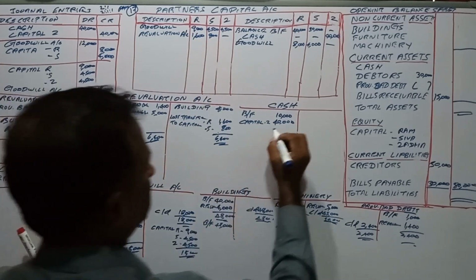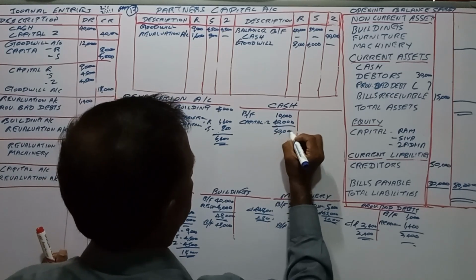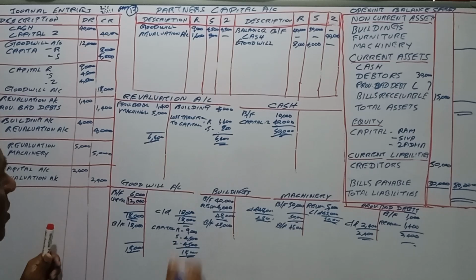Then cash account 50,000, right? Here we have to balance it.